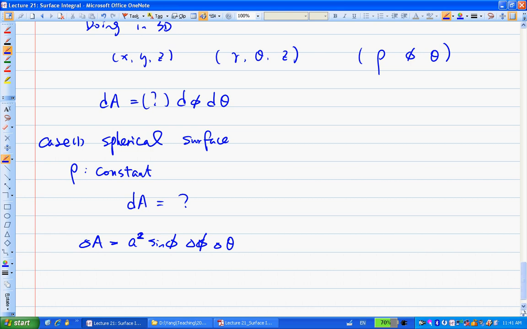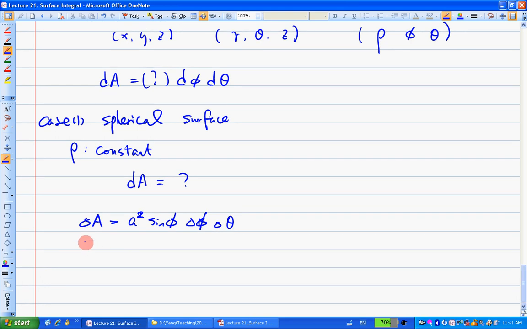Now before we use this one, if you remember in triple integral, how did you get the dV? What would be the expression for dV using spherical coordinates for a volume dV? Yeah, rho squared d rho d phi d theta, right? Now you're not concerned with a volume.